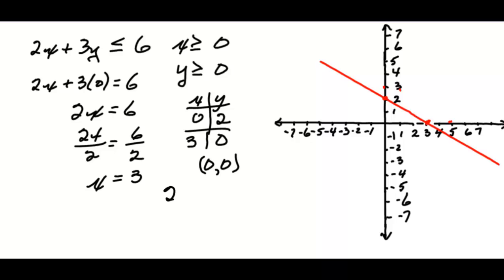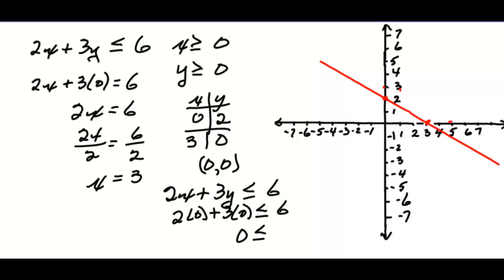Well, 2x plus 3y is less than or equal to 6. 2 times 0 plus 3 times 0 less than or equal to 6. And we get 0 plus 0, which is 0, less than or equal to 6. That's true, okay? So that means we're going to shade on this side where we have the 0, 0. We're going to shade on that side right there.